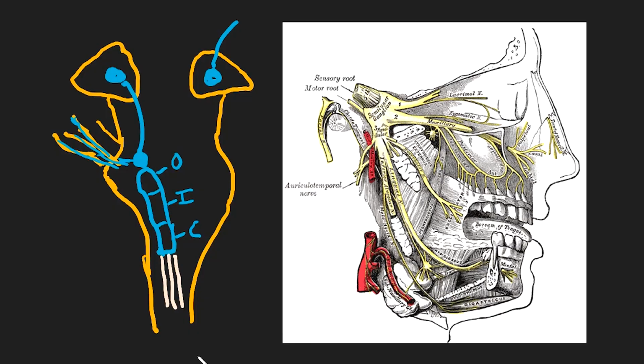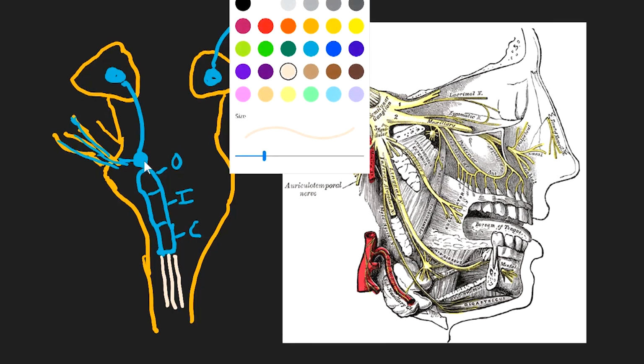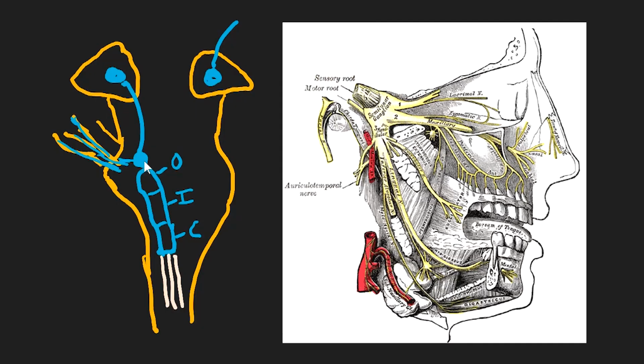So we're going to ignore these right now. I just want you to be aware of them. But for the portio major, coming in through the posterolateral pons, there is a synapse and connection to the principal nucleus, and there are multiple connections. Let's go back to blue. Multiple connections to the pars oralis, the pars interpolaris, and the pars caudalis.